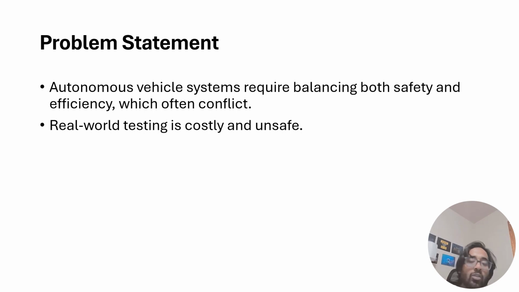So which algorithms are very efficient to balance safety and efficiency? The second one is that real world testing is very costly and unsafe. So how can a digital twin make this safe and reduce the cost?